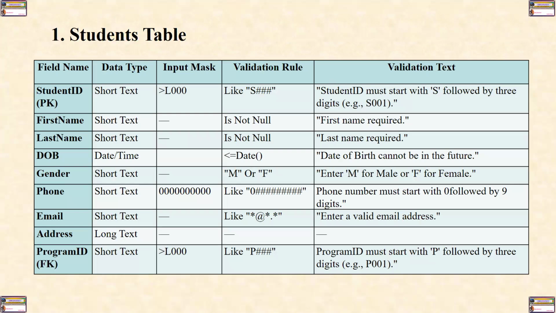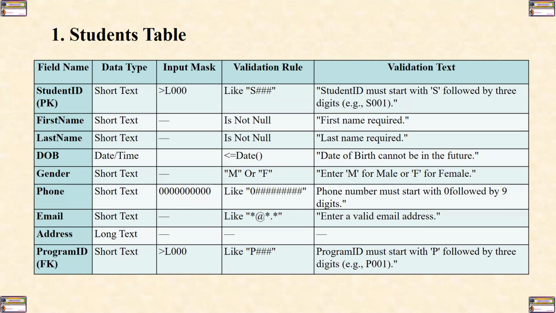So for the student table, we retain the other properties, but then we add something for the input mask. You can see for the student ID, we have a certain format. If you check on validation text, it is explaining what is required.